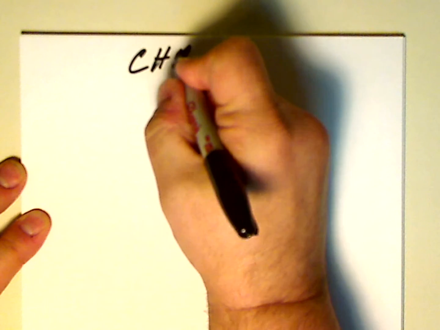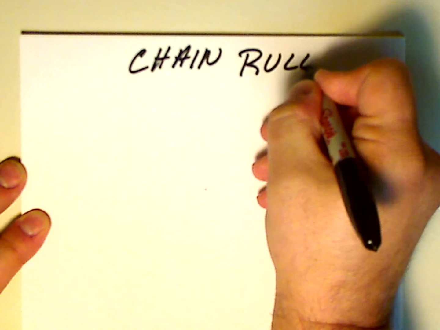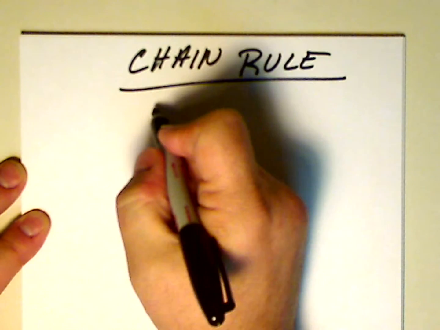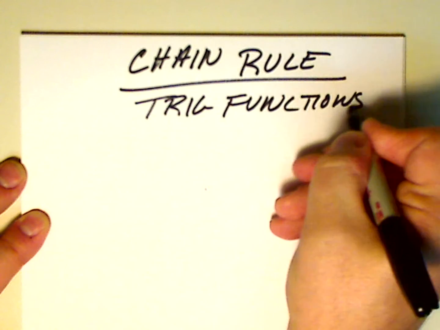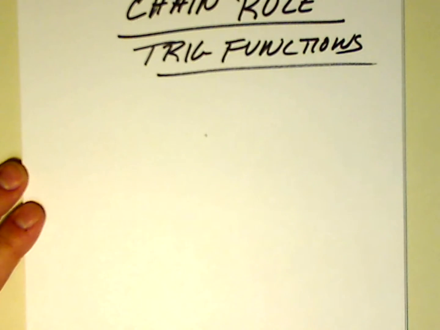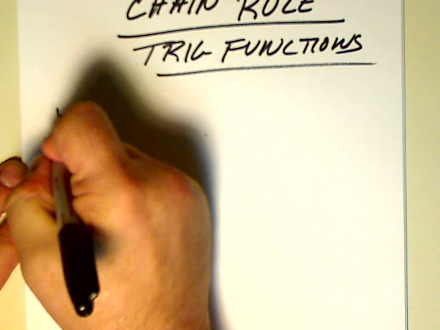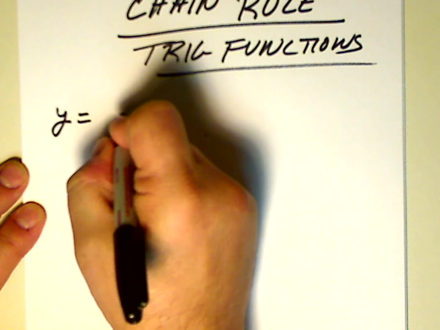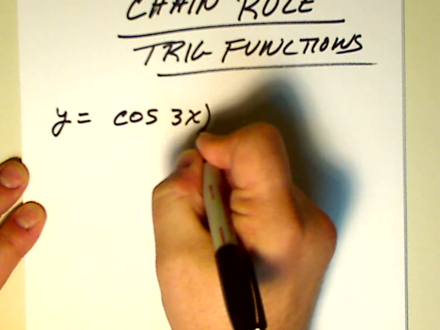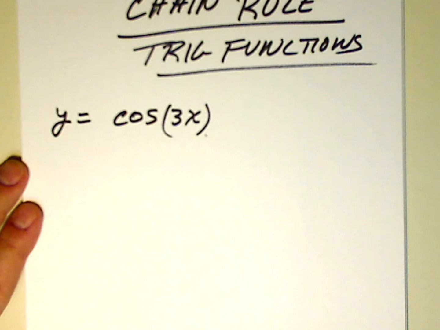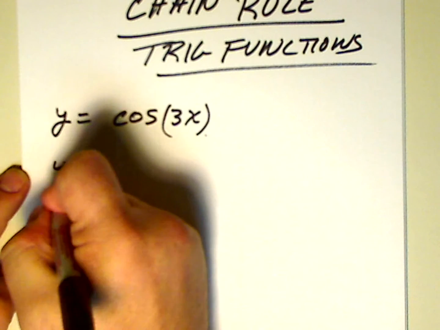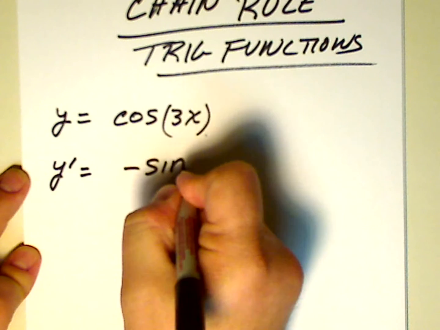And let's make up some problems. How about that? So these are all going to be chain rule problems, but with trig functions. Okay, how's that sound? Pretty good? So how about y is equal to cosine 3x? Now, this is a chain rule problem, so we're going to take the derivative of cosine is negative sine.